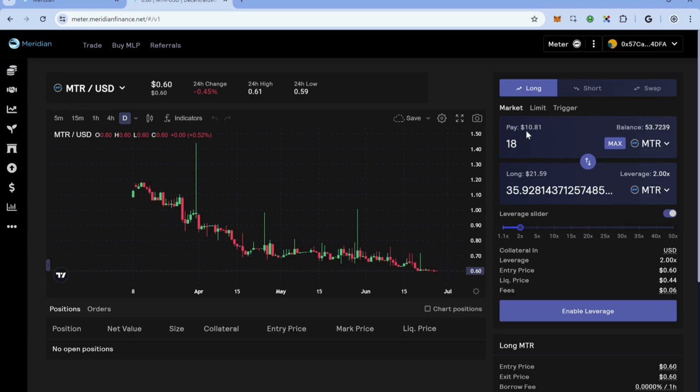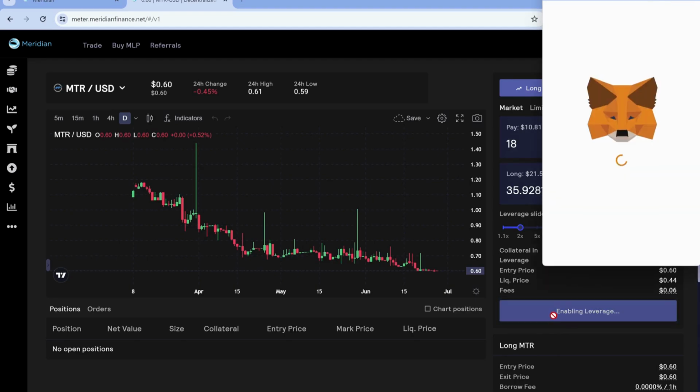So I have $10.81 worth of meter. That's equating to about $21.59 into my leverage trade. So what this means is for every unit or movement in one direction that the trade goes, that's the increment that I'm gaining. So let's just enable this leverage and we'll see what happens.